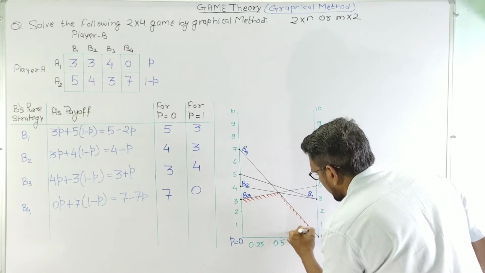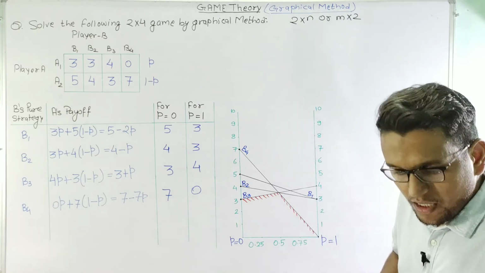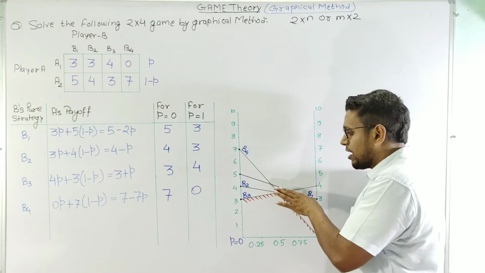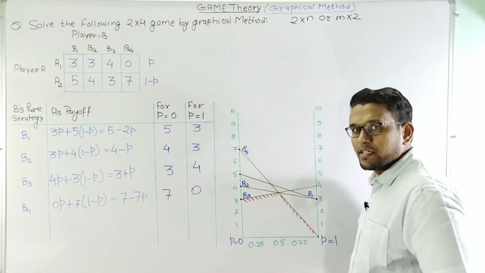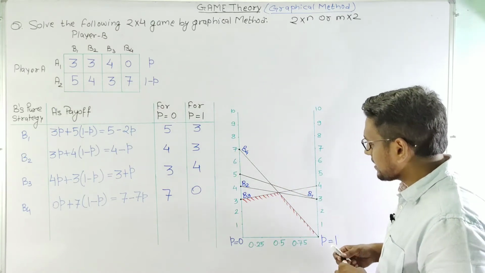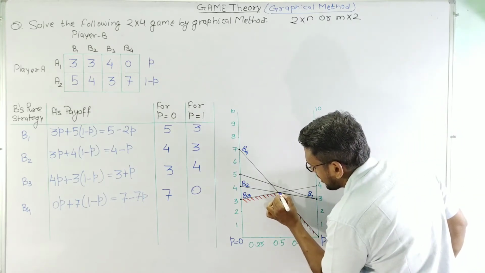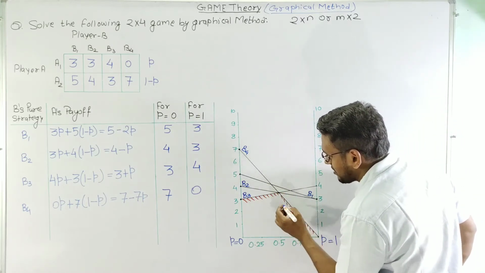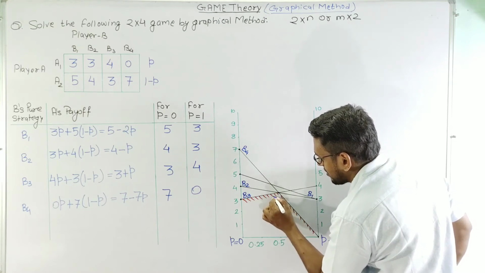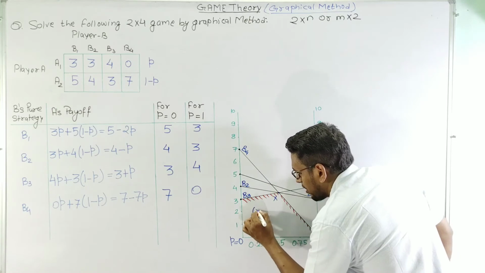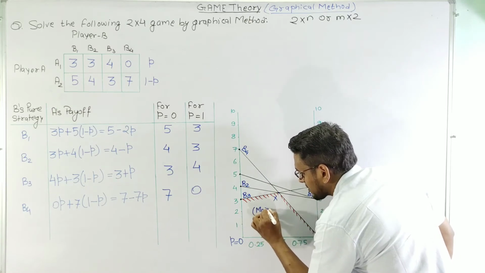So this is the lower bound region, and among this region we will find the maximum point. So we can see here that the maximum point is coming somewhere here, and let us name this point X. So this is point X, and this point is called the maxi-min point.